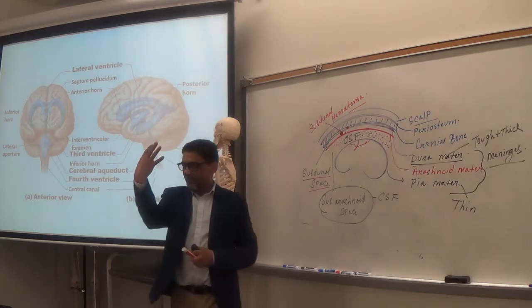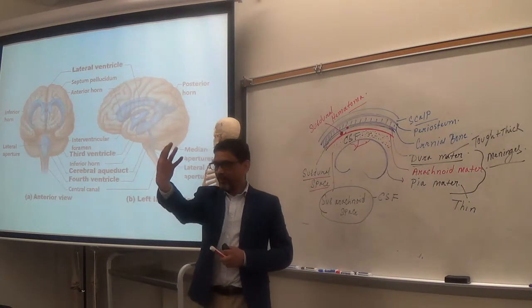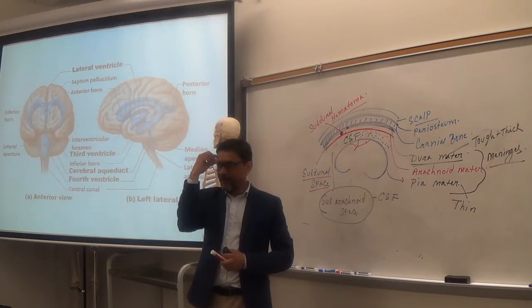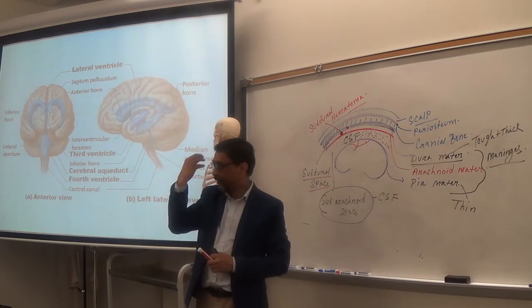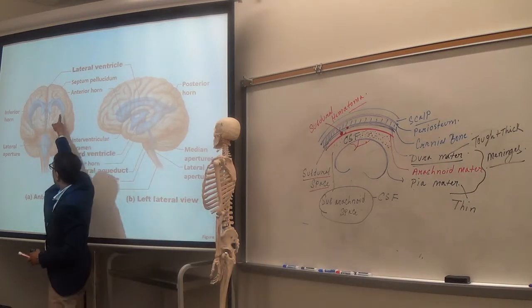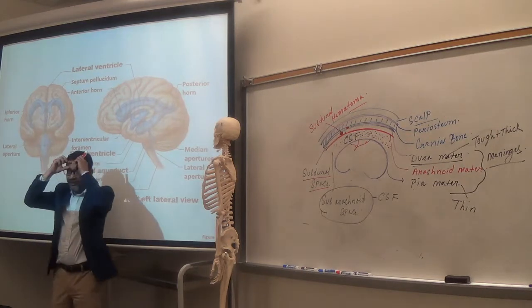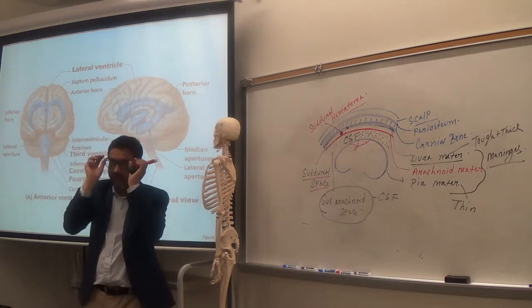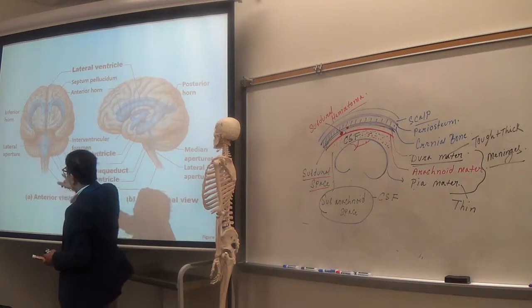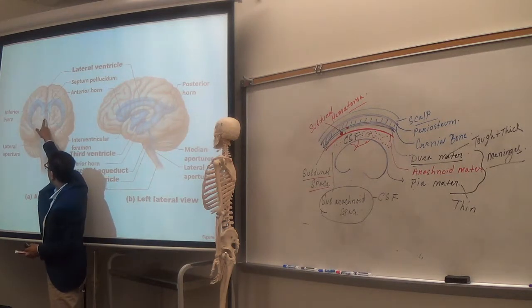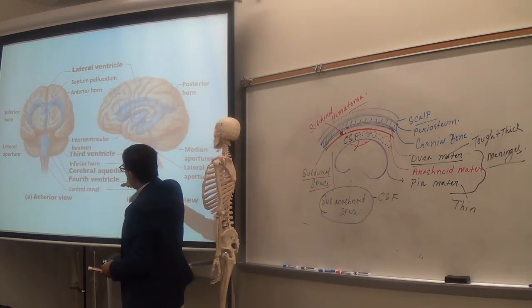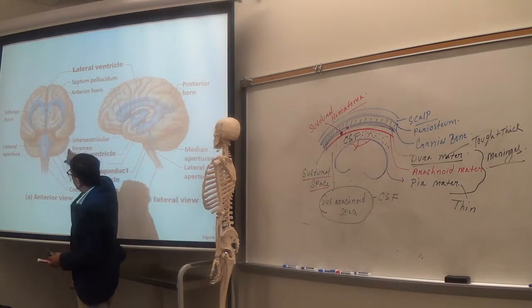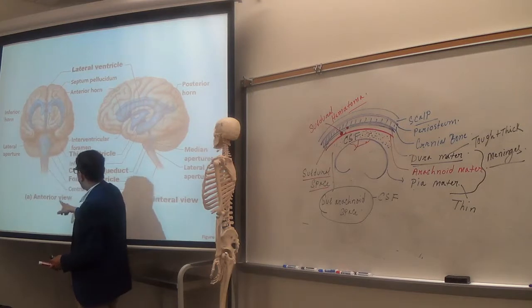If you look this way and go inside the brain, you'll see the locations inside, not just from outside of the brain, the location inside the brain. 2 lateral ventricles are like this. And this is the third ventricle here, and this is the fourth ventricle here.